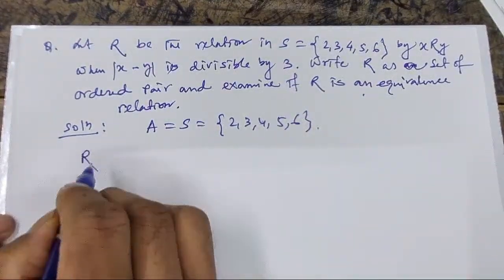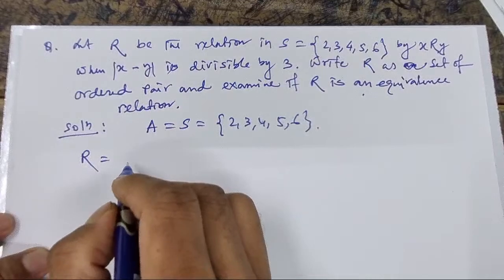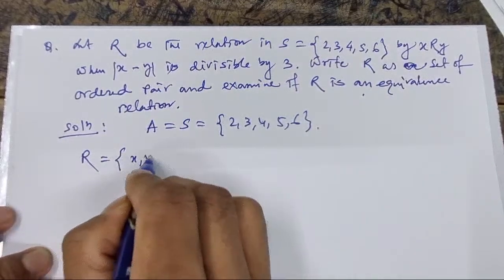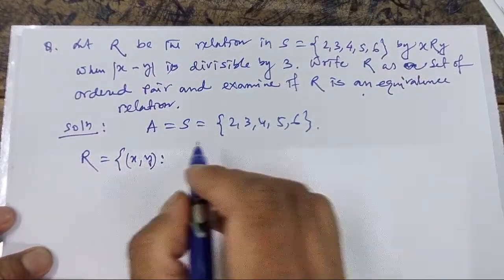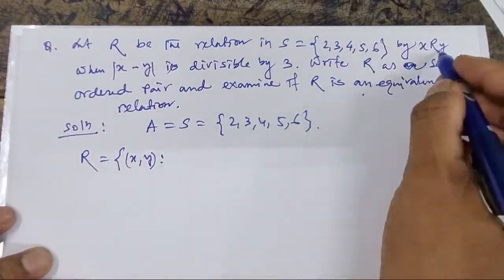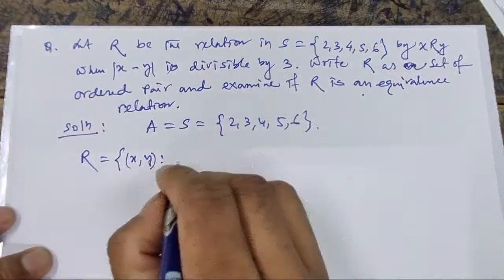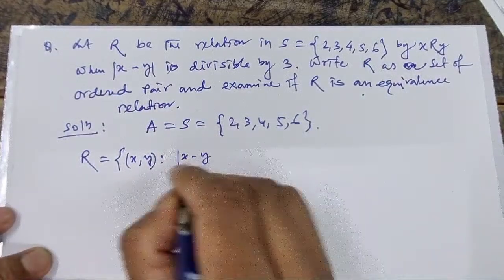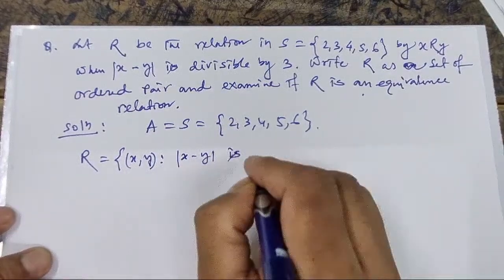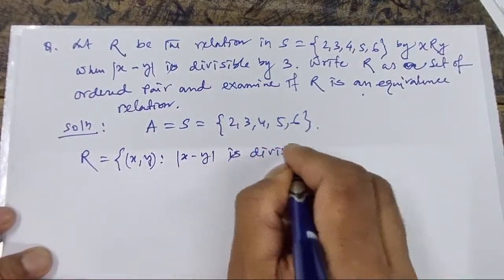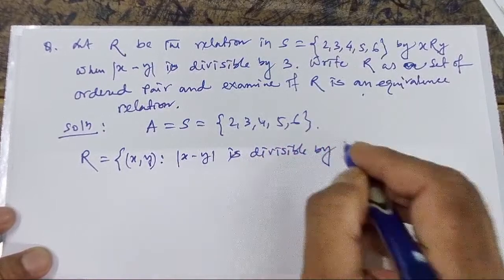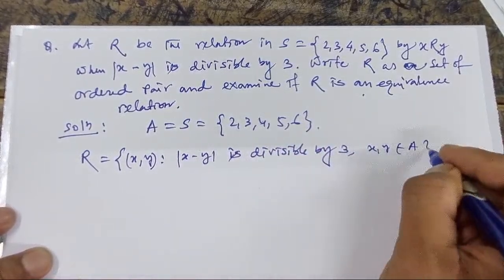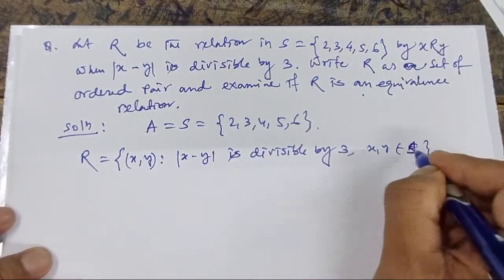And the relation R is given here: (x, y) such that x R y means x minus y is divisible by 3, where x, y belong to the set S.